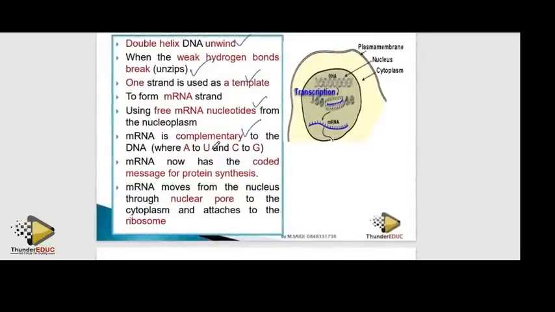You are forming messenger RNA. The messenger RNA now has the coded message for protein synthesis, and then it moves out of the nucleus via the nuclear pore, and goes to the ribosome where it attaches itself. So you get the marks, get all the marks. The reason why this book is in different colors is so that you know exactly where the marking points are.